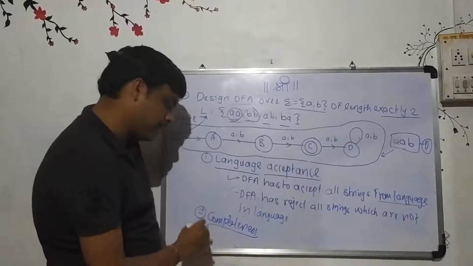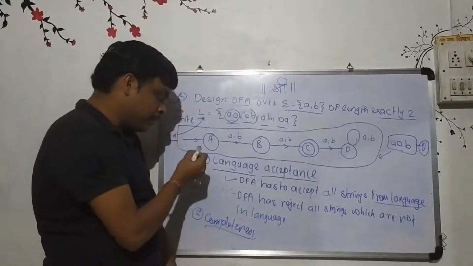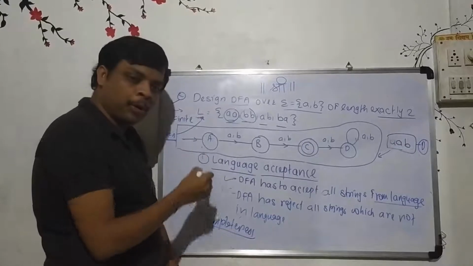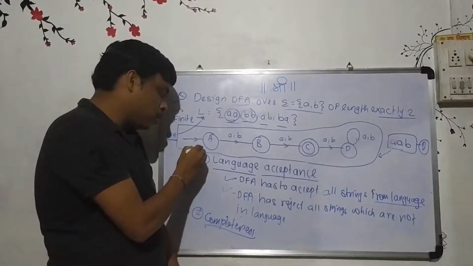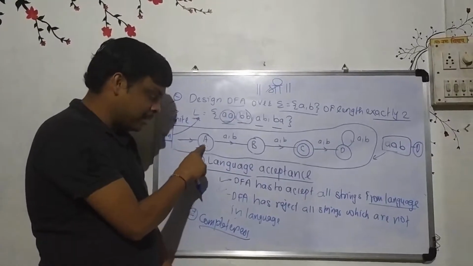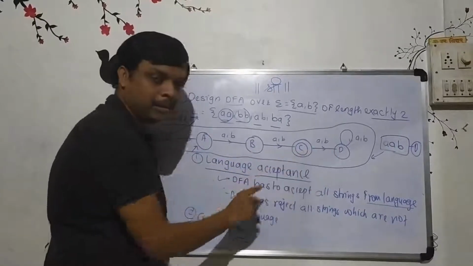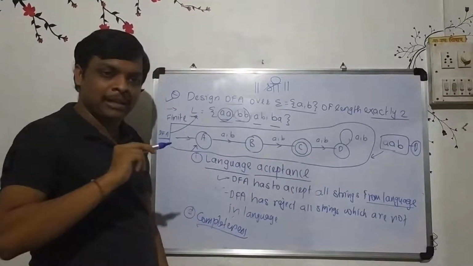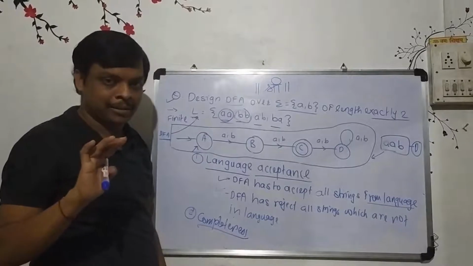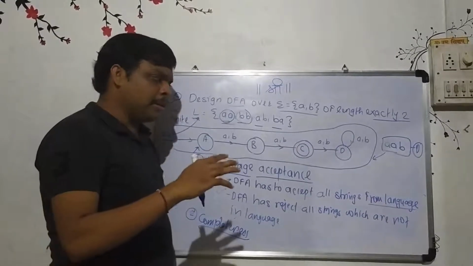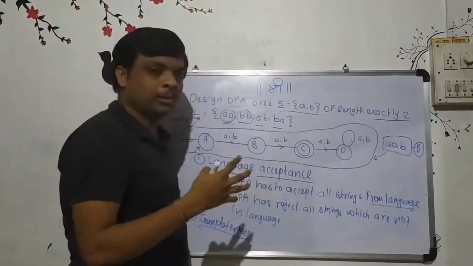Completeness. Okay, completeness means what? Whenever you are designing DFA, as we all know we have to deal with states. How many states are there? A, B, C, D. As far as this DFA is concerned, in this DFA 4 states are there. So it's not the case that in every DFA 4 states will be present.